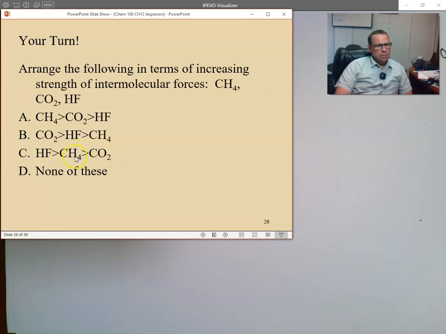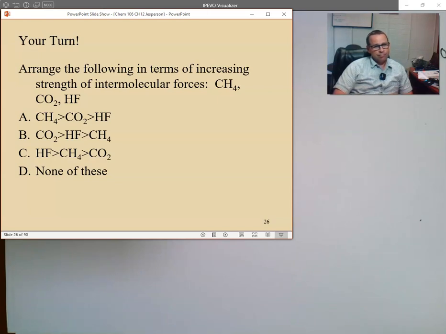What kind of intermolecular forces do we have to worry about for CH4 and CO2? Well, I know CO2 is going to be symmetric, so I know that's not going to be polar, and the CH4 is symmetric too, so there's not going to be dipole for either one of those, so you're just going to have to worry about London forces.